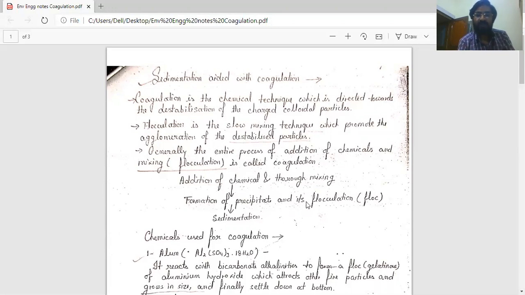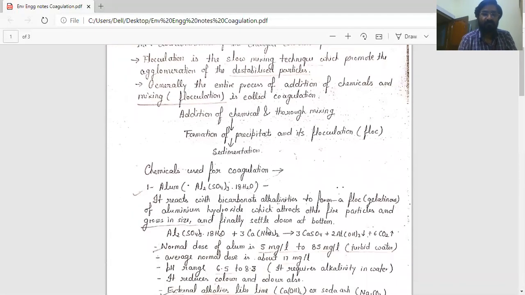Then the bigger particle settles down at the bottom of the sedimentation tank. So the process is addition of chemical, formation of precipitate or floc, and then settling down in the tank, from where it is removed.